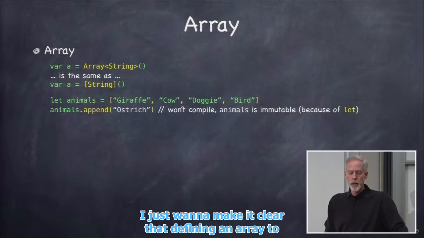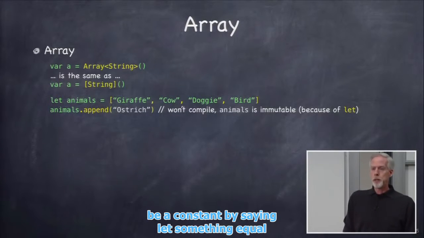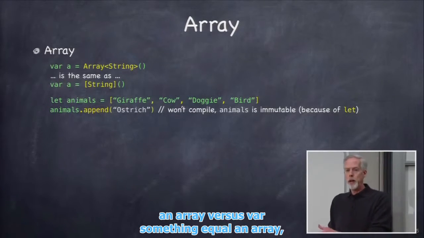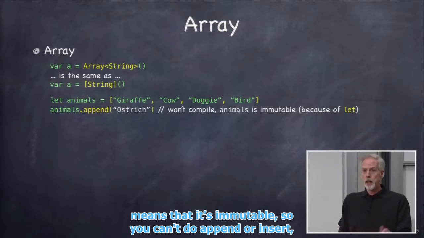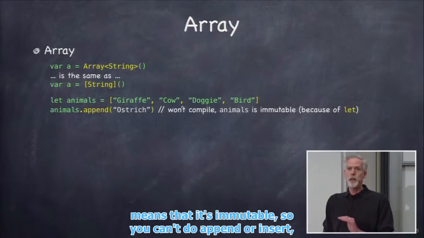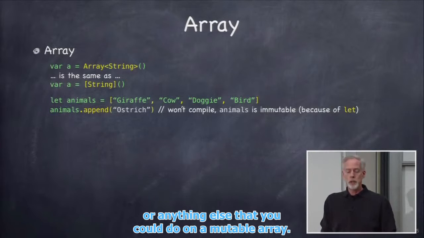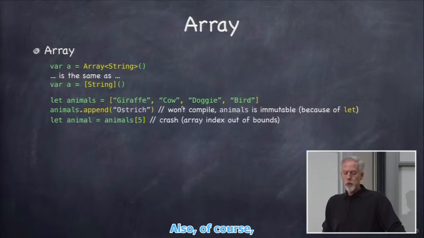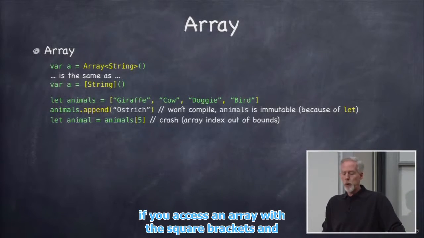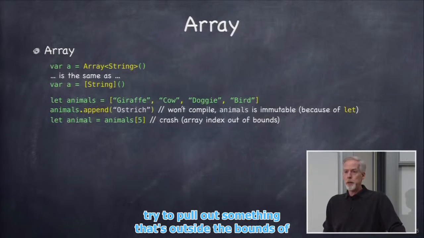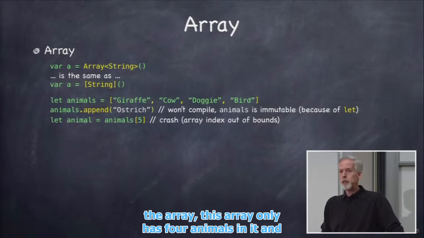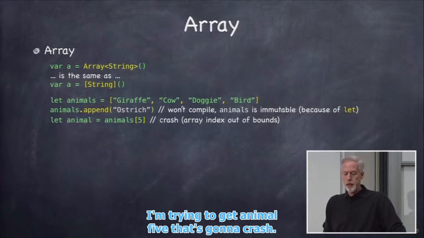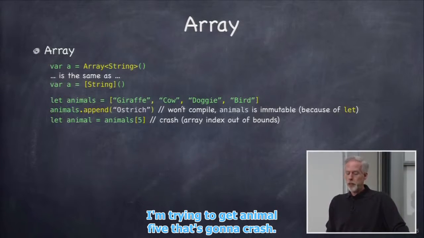I just want to make it clear that defining an array to be a constant by saying let something equal an array versus var something equal an array means that it's immutable. So you can't do append or insert or anything else that you could do on a mutable array. Also, of course, if you access an array with the square brackets and try to pull out something outside the bounds of the array, this array only has 4 animals in it and I'm trying to get animal 5, that's going to crash.